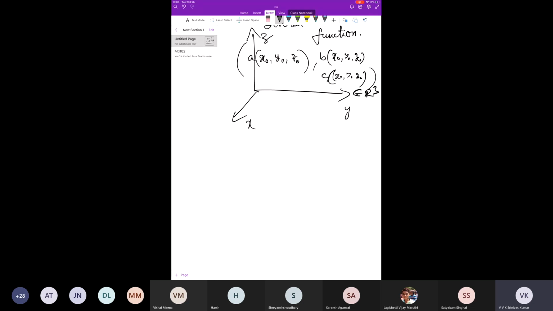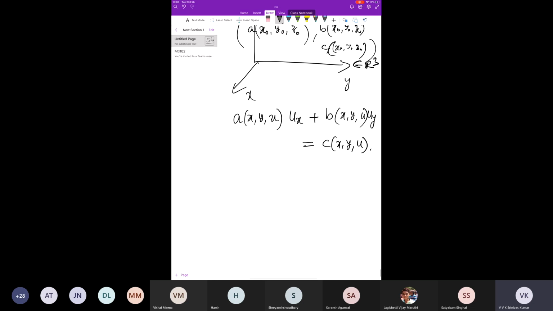What is an integral surface of a vector field? Whenever this A, B, C is given to us, that means we are considering a quasi-linear PDE: A u_x plus B u_y is equal to C(x,y,u).